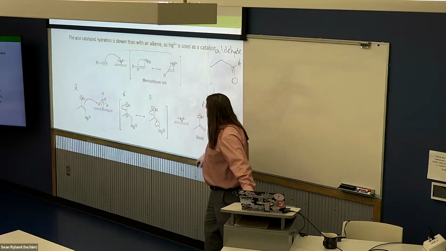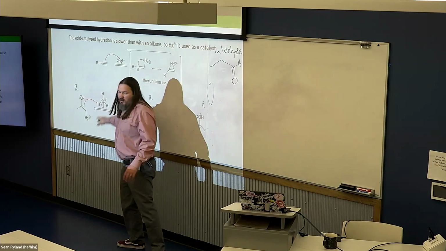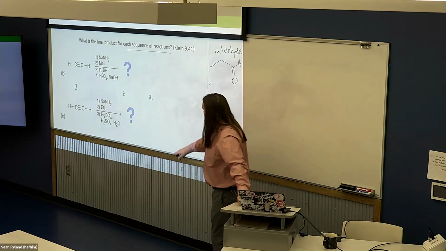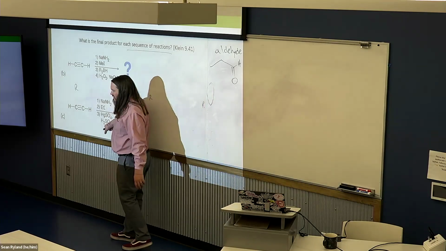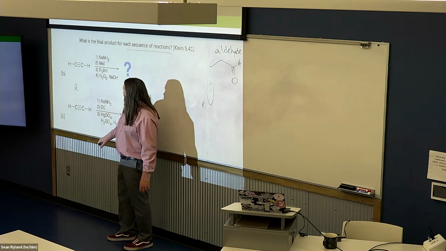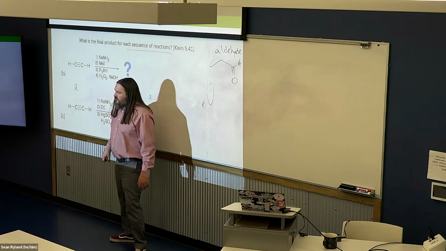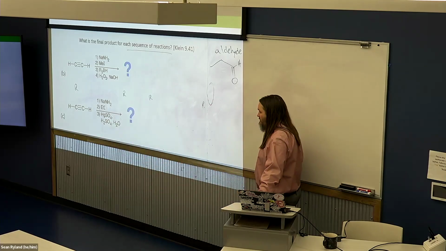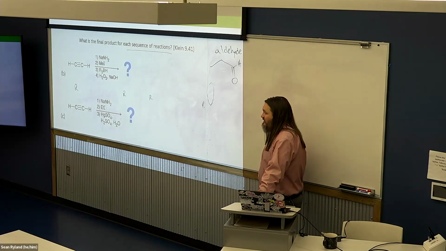Because you have H3O plus around, and remember we have H2SO4 as part of our reactant. So that first hydration, our Markovnikov hydration of an alkyne, is going to be under acidic conditions.